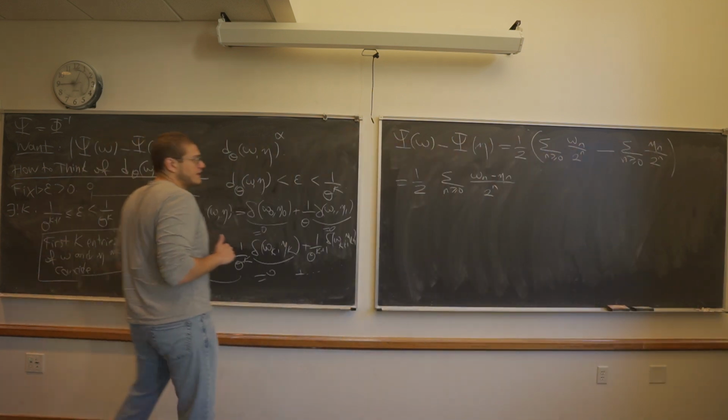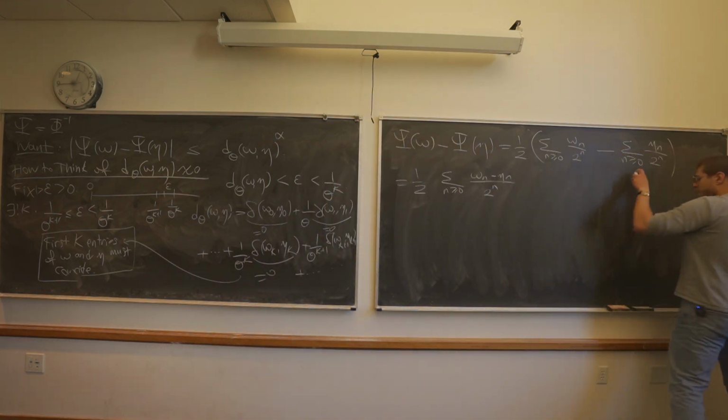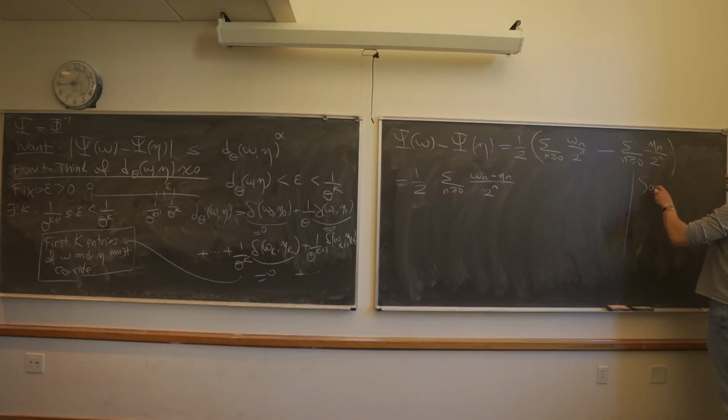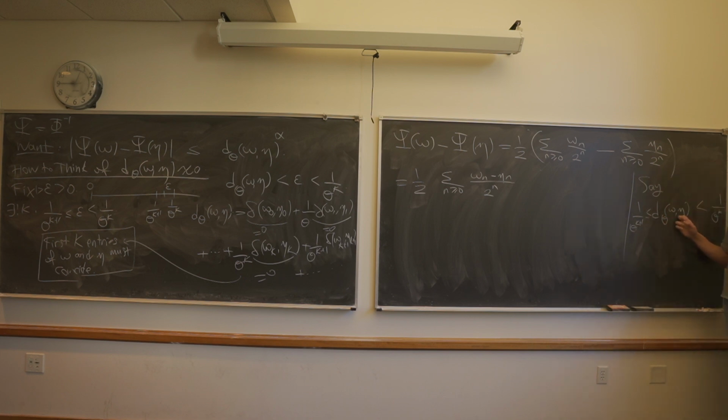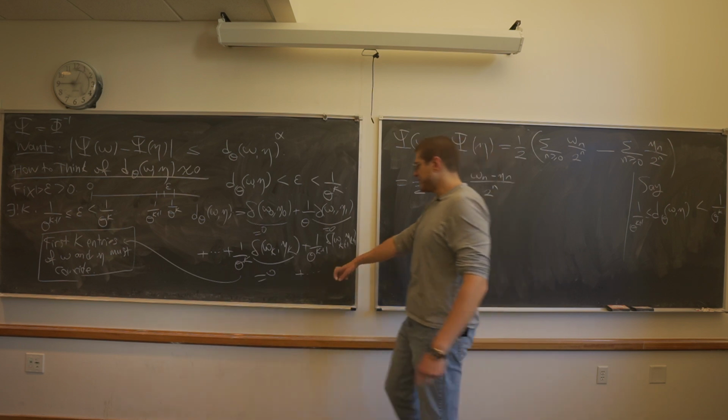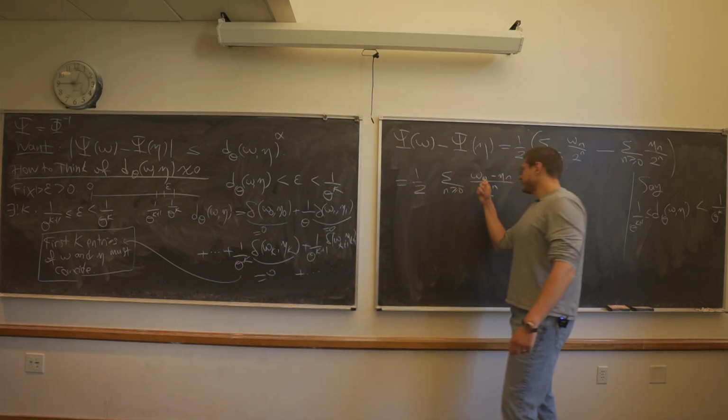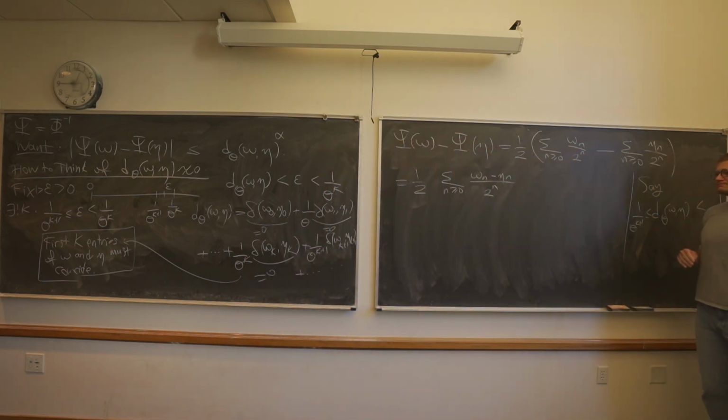And say that the distance between omega and eta is sandwiched between these two values. Let's do this. Doesn't matter that much. In this case, based on the same reasoning here, the first k terms of this should be 0.